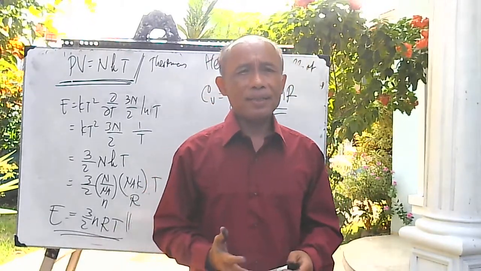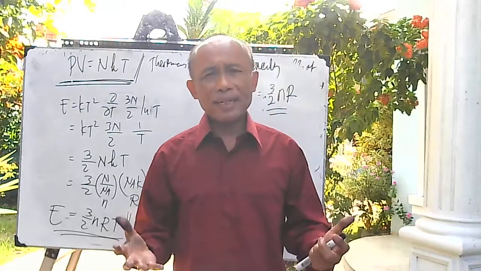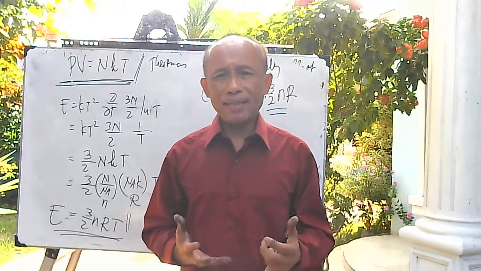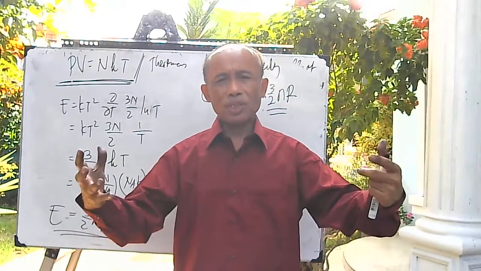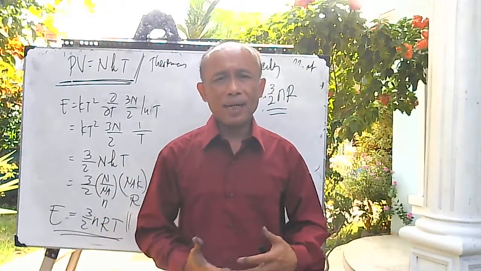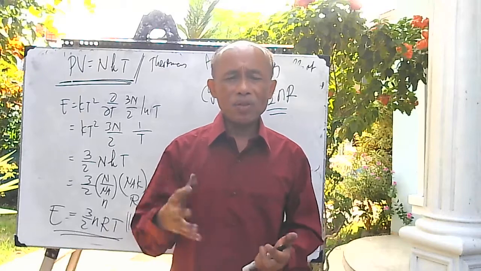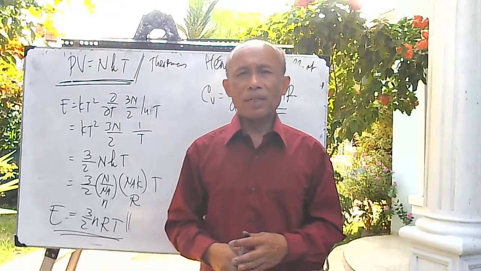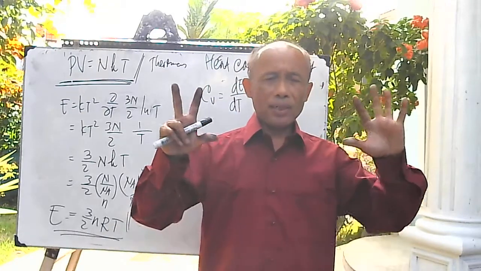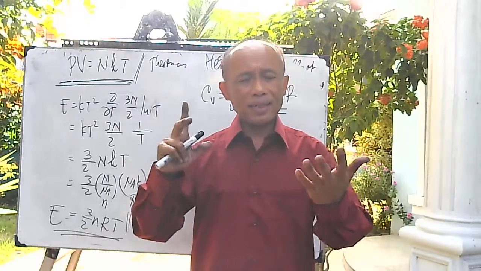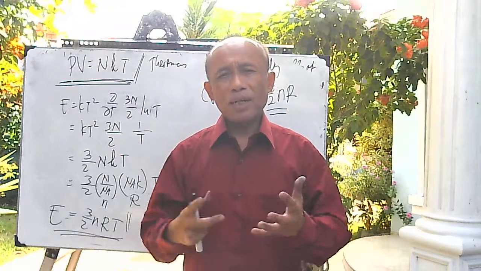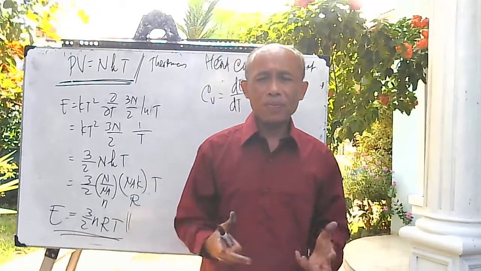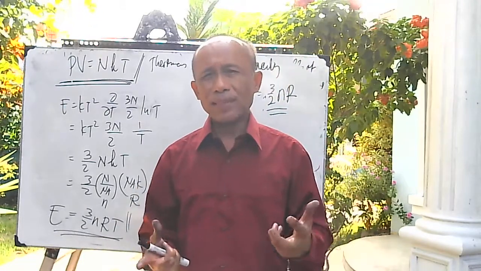Next, we will discuss if the gas is not an ideal gas. That means that there is interaction between gas particles and the interaction energy cannot be ignored compared to the kinetic energy. So the energy of the gas contains the kinetic terms and the potential terms. How to obtain the expression for the states of such gas?